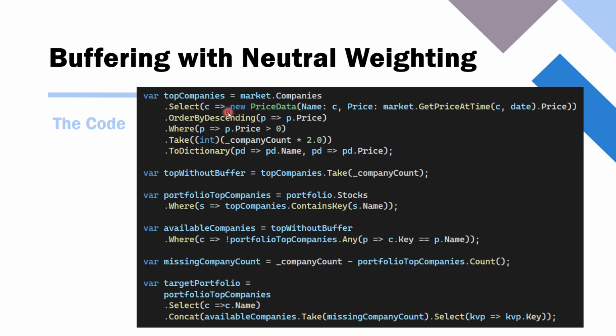Again, we have a buffered set of top companies and a non-buffered set, and then we just calculate our portfolio that are in the buffered set, and then we work out which ones are available to top up any that are missing, and we do that effectively and divide the spare cash over those companies.